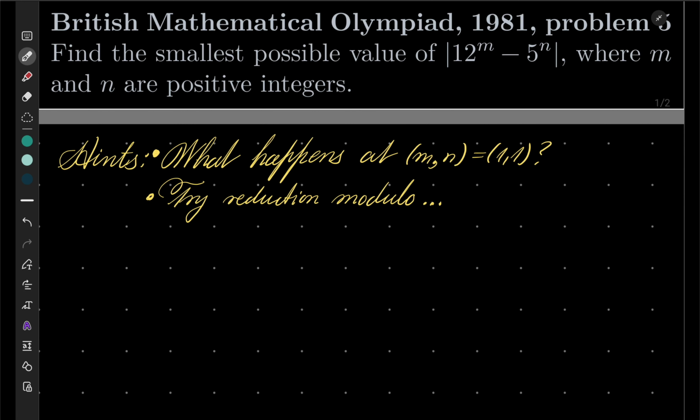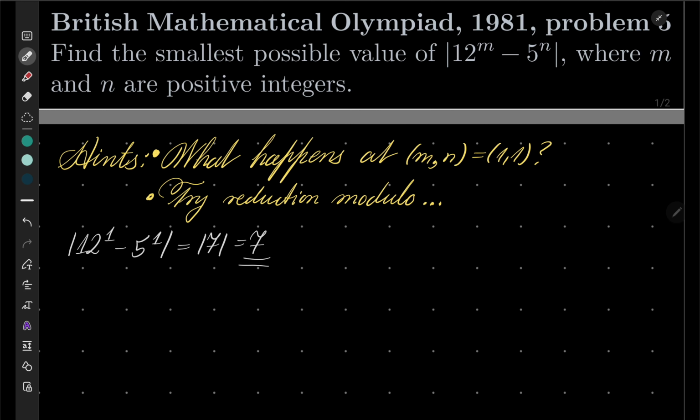Okay, so I assume that you tried it. Now, what happens at m, n equals 1, 1? 12 to the first power minus 5 to the first power is the absolute value of 7.